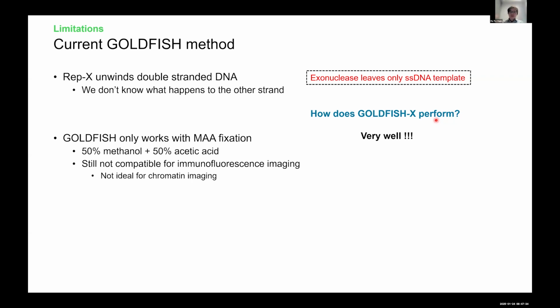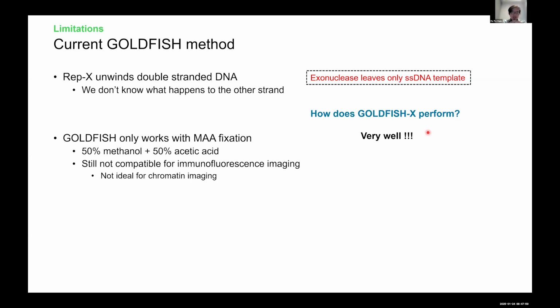We're still trying to further optimize the protocol, so it's still an ongoing effort. But we're already pretty excited about this new DNA FISH method, GoldFISH X. It performs pretty well. So this concludes the first part of my talk: we have come up with a new DNA FISH method that can achieve high resolution.